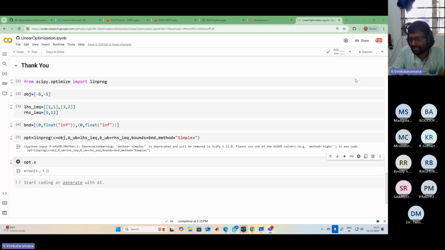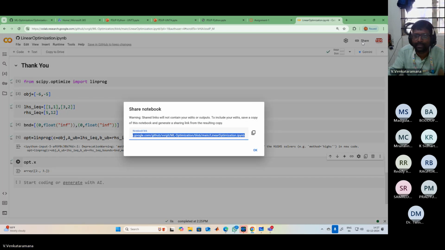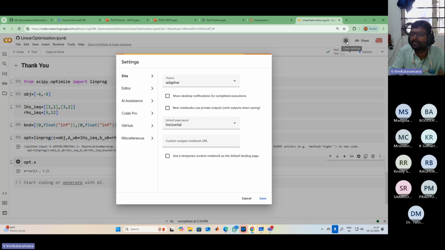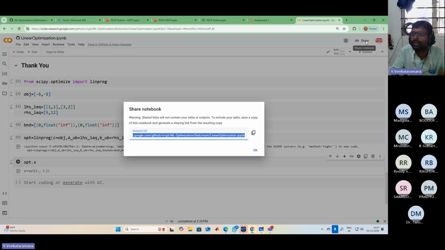If you have any difficulty and if you don't have a GitHub account, then after writing your code on Google Colab, simply click on the share button and share this link in the canvas.